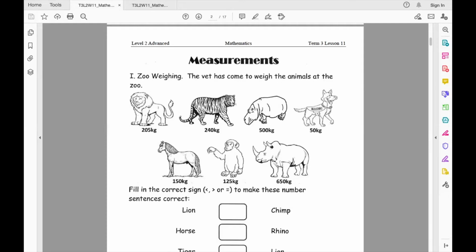We've got different types of animals: a lion, a tiger, a hippo, a dog, a horse, a chimpanzee, and a rhino, and underneath each animal is how much the animal weighs. For example, the rhino weighs 650 kilograms, or this tiger over here weighs 240 grams.